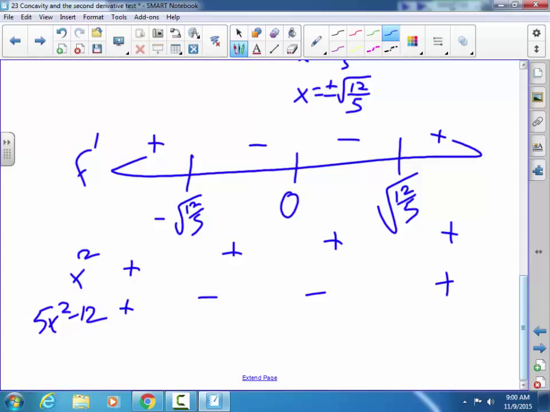Can you figure out what that graph might look like? Just based on what you know here? See if you can figure out just a basic sketch of this graph armed with the information that you have there.